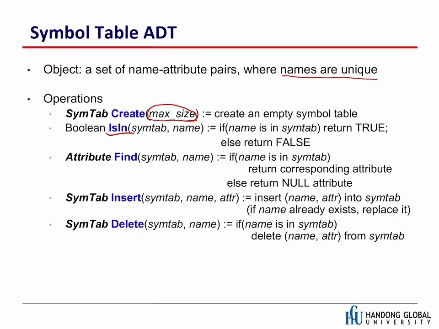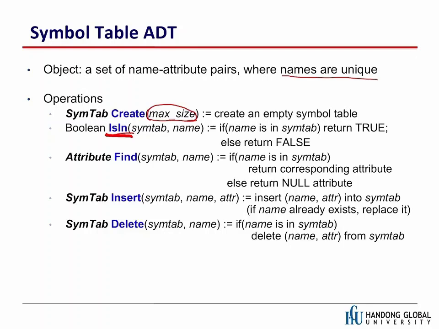Then we want to ask if this word is in the dictionary. It means if this word is a valid word, or does it include some typos in it? So to check if this word is valid, we want to make sure that this word is from the dictionary. So is it in the dictionary? This function is checking if this name is in the symbol table. If it is, then it returns true, otherwise it returns false.